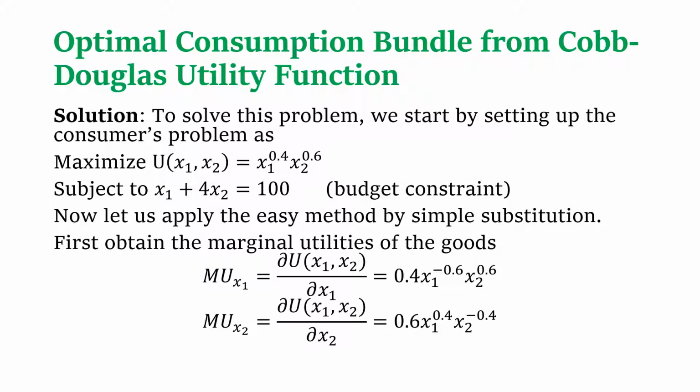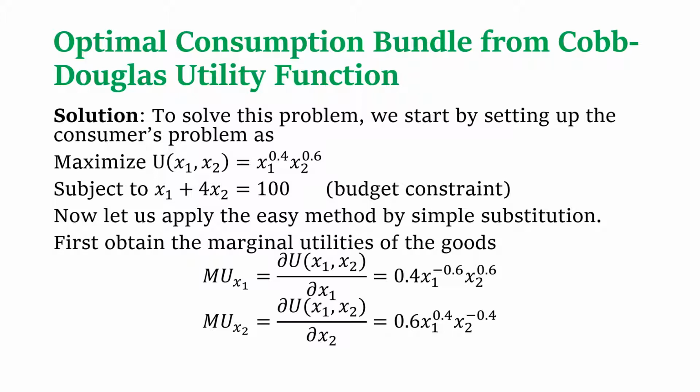Now, what do you notice here? What do you observe in this case? You notice that what I did here is I just take the exponent of x1, and then I multiply the whole thing by 0.4.